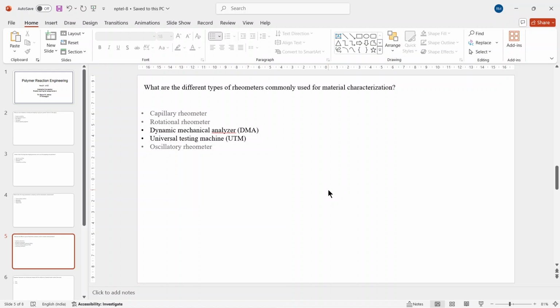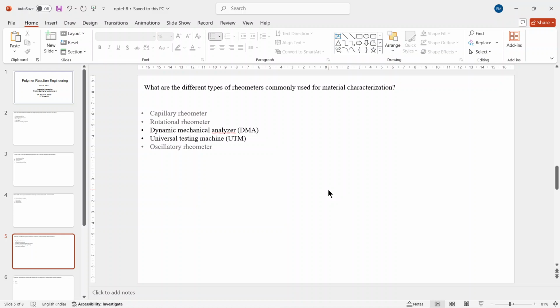Next, we come to the rotational rheometer. What happens in a rotational rheometer is that you have a sample and you're creating shear by placing either a flat plate or a cone and plate assembly on top of your sample. Using Newton's law of viscosity and the amount of shear which is being generated, you can clearly observe the normal flow curve properties, how the rotation of the rheometer will create different shear rates.